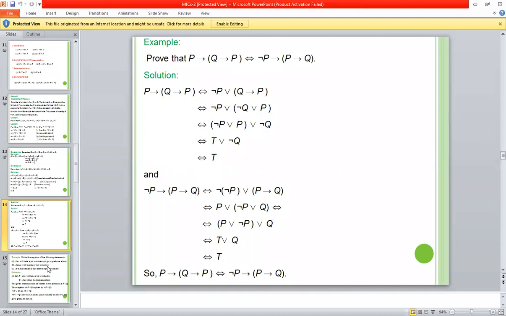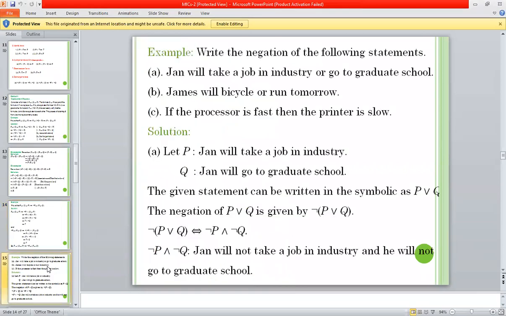Next example. Write the negation of the following statements.